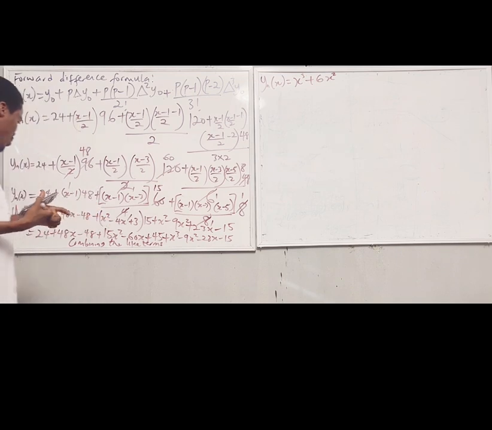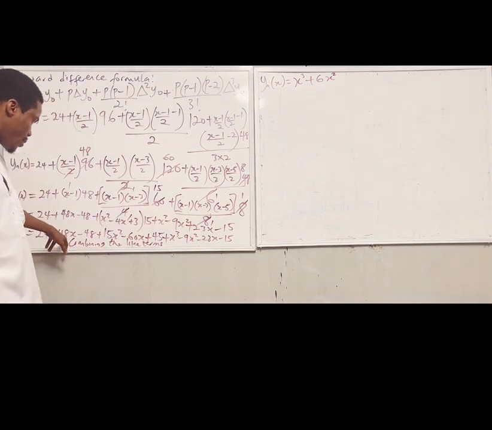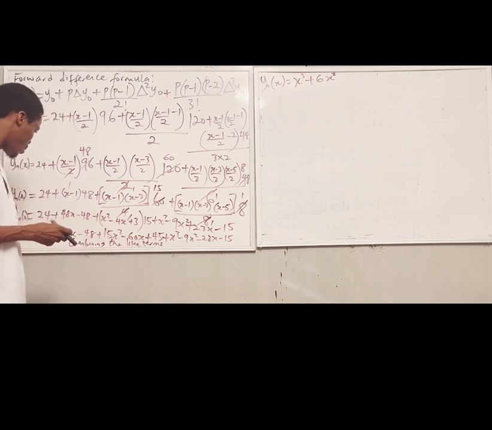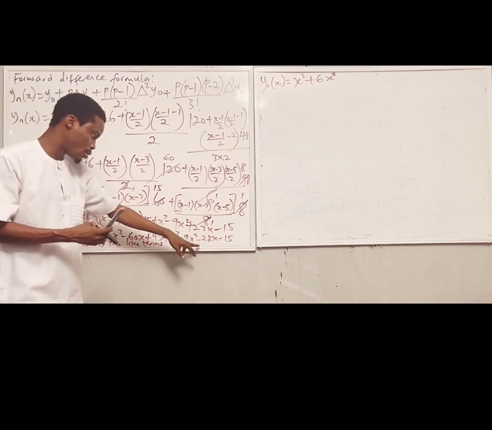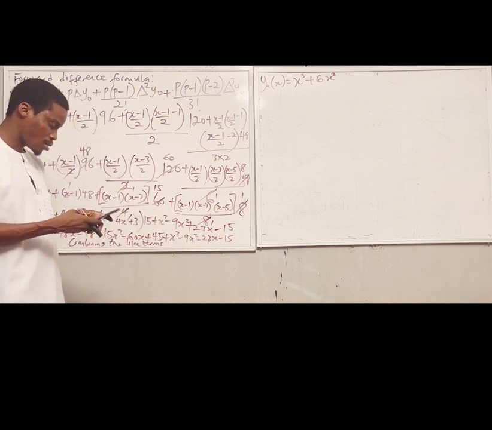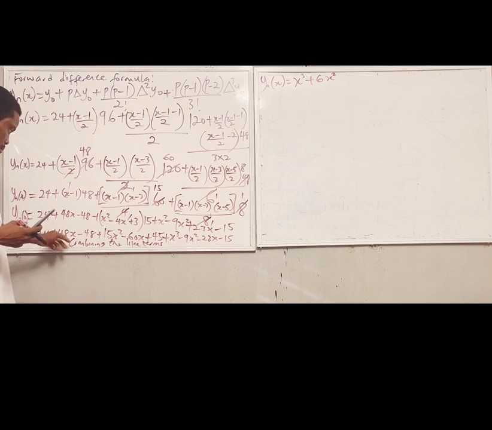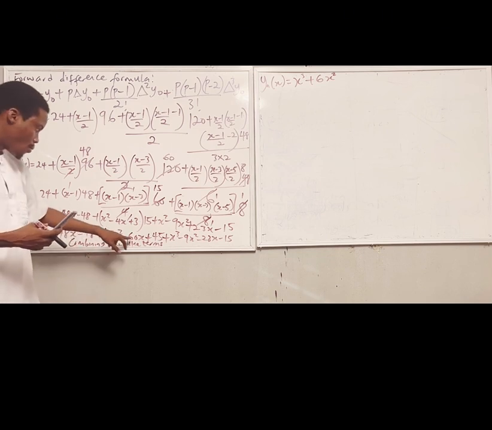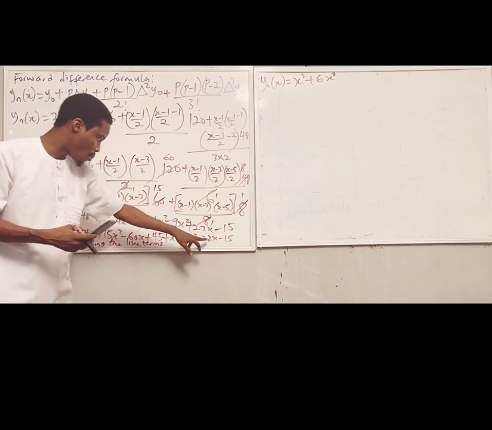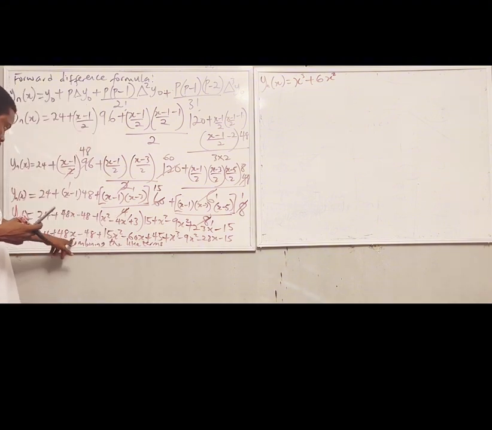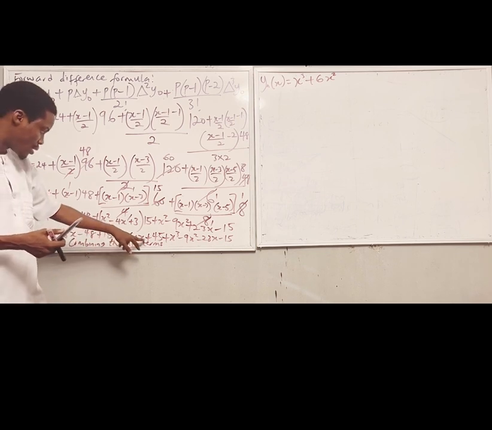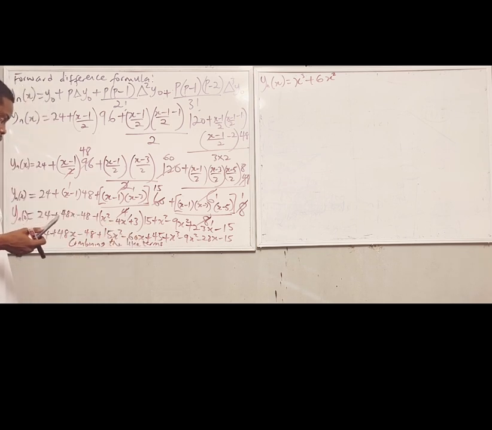So I have to find x as well. I have 48 here. I have 60 here. I have 48x minus 60x. Then where do I have x? Minus 23x.